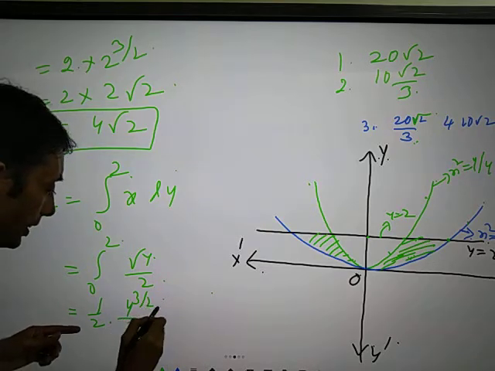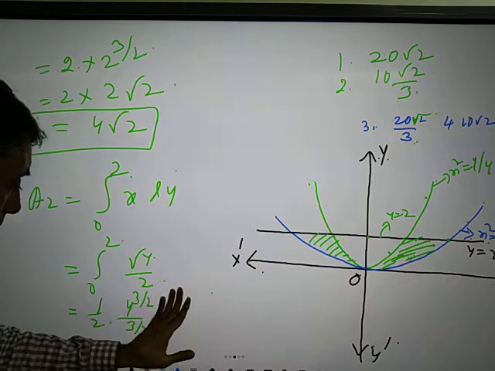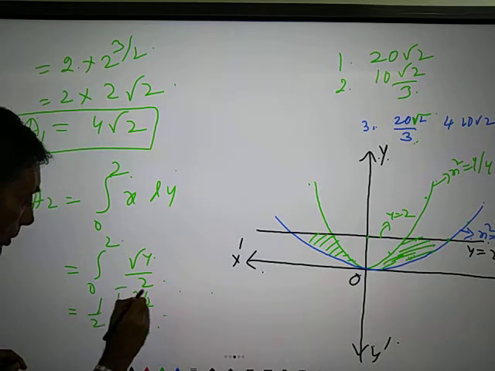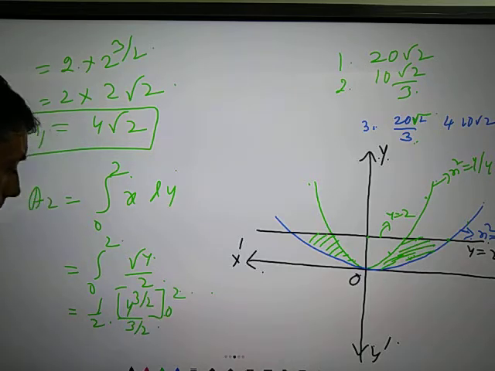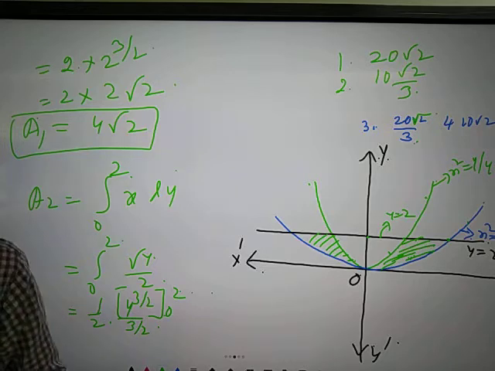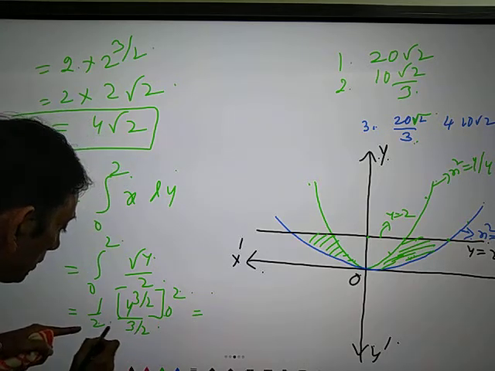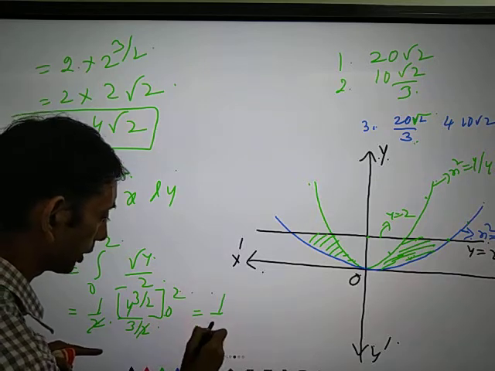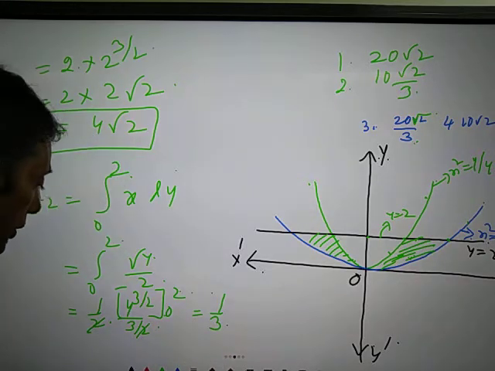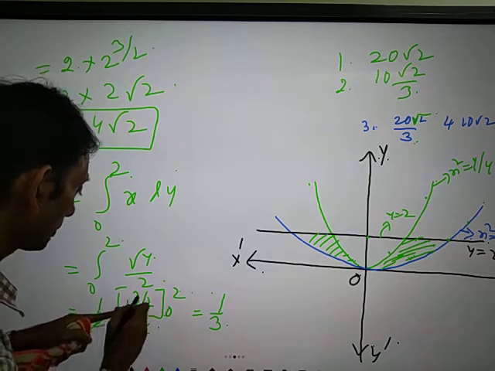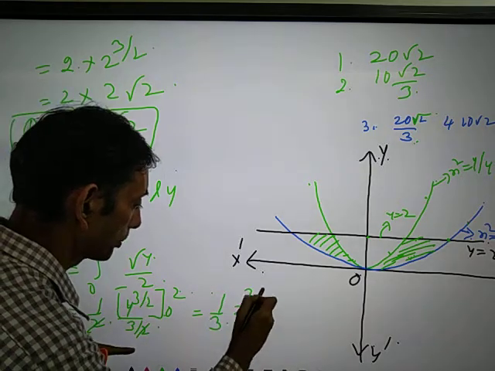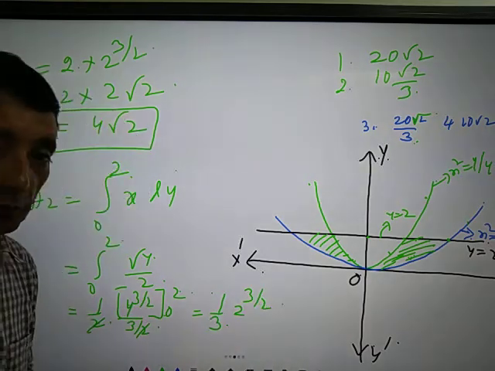So if you simplify this, we'll just need to substitute the limits 0 to 2. In case you simplify, you can simplify more. So this 2 and this 2 will get cancelled out. This is 1 by 3, and this will be y to the power 3 by 2, that means 2 to the power 3 by 2.